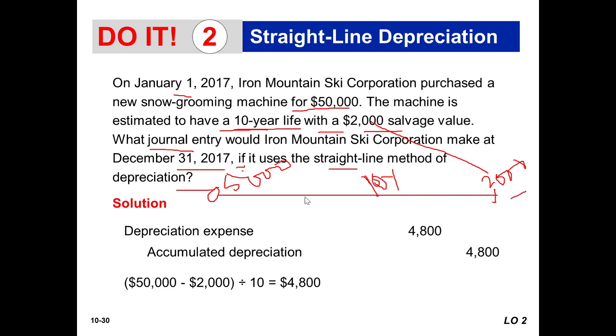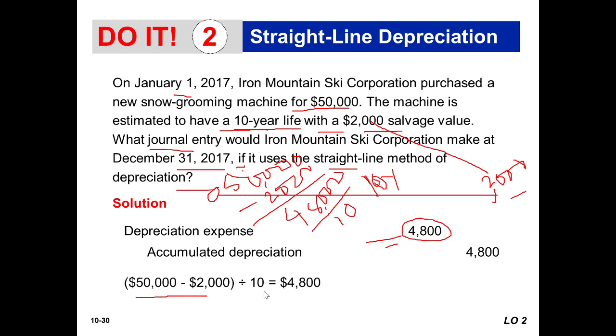So depreciable cost will be 50,000 minus 2,000 salvage value, which is 48,000. It will run 10 years, that means useful life 10 years, divided by 10, we will get this figure, 4,800. Okay, I think everybody is clear.